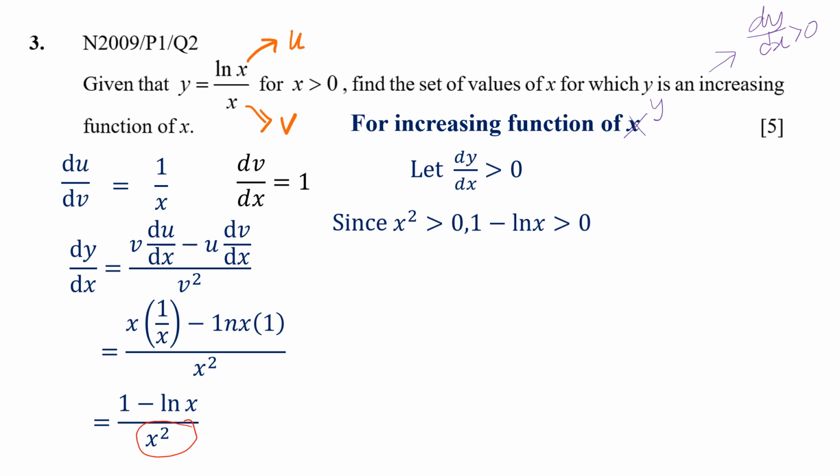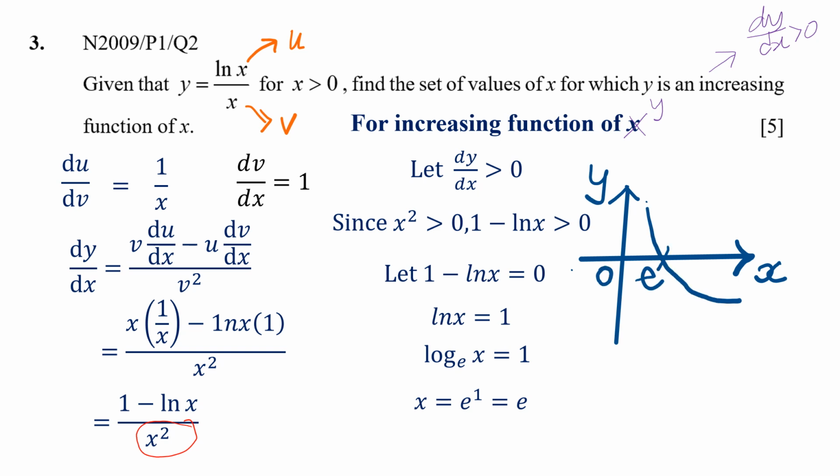So we're going to find our x. We are solving an inequality, which is different from solving an equation. So we need to find the x-intercept first, by letting it equal 0, which gives x equals e. We're going to sketch the curve.